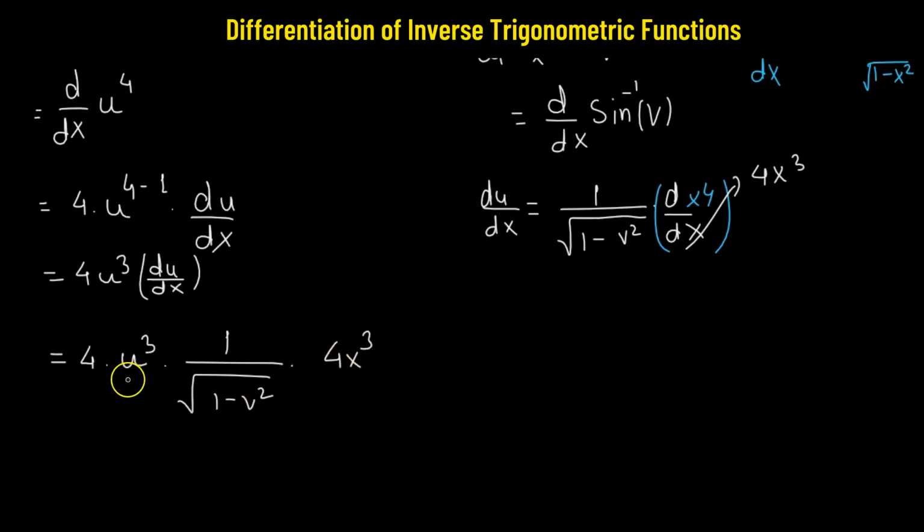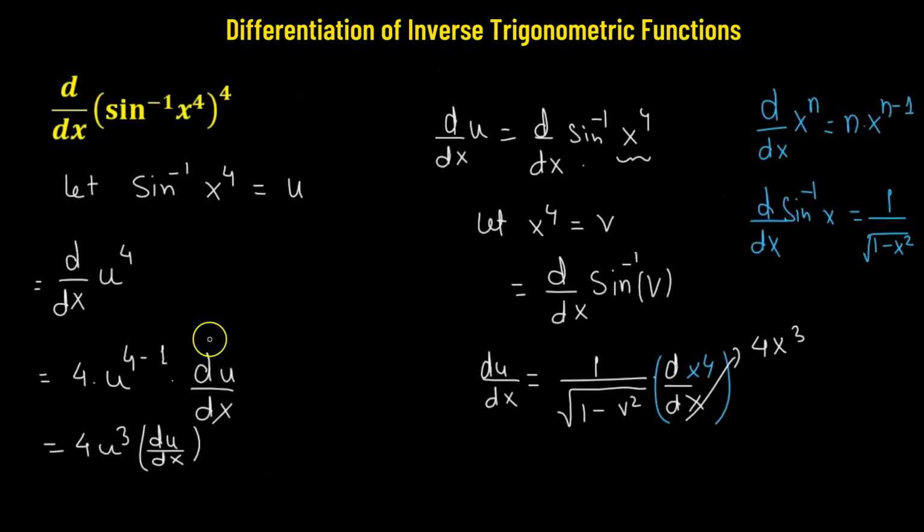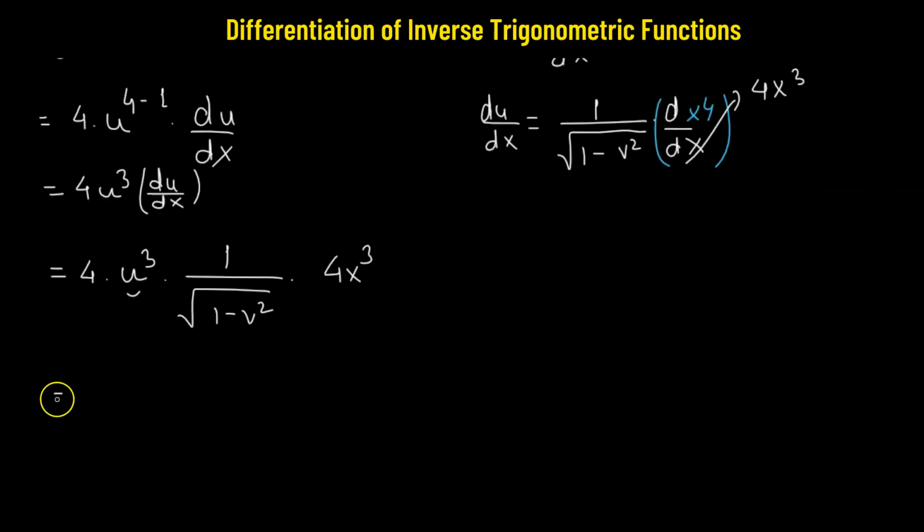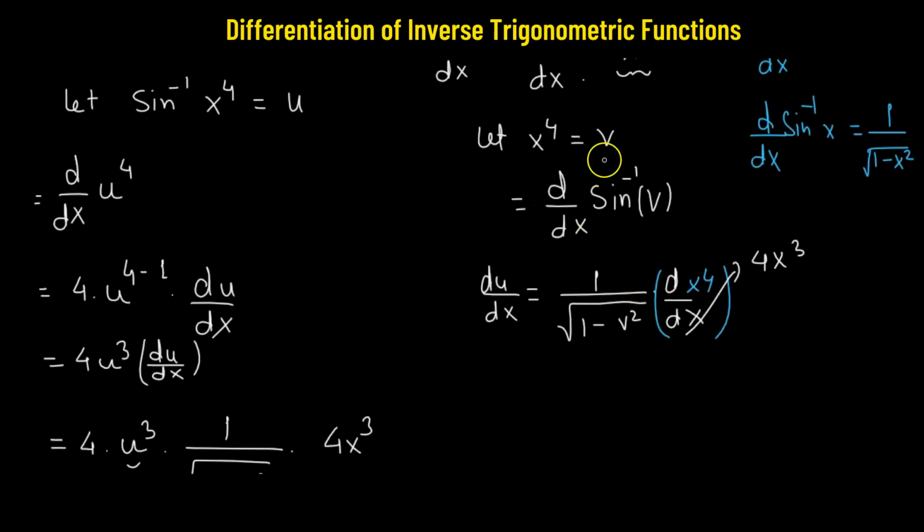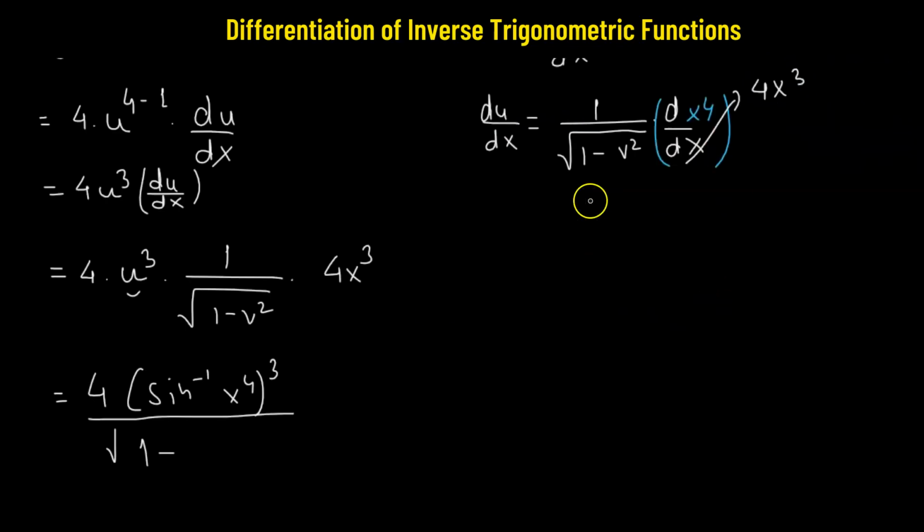Now we'll substitute the values. We assumed that u is sin⁻¹(x⁴). So we have 4 times (sin⁻¹(x⁴)) whole cubed, that takes care of the u, divided by the square root of 1 minus v squared. We assumed that v is equal to x⁴, so this is (x⁴) whole squared.